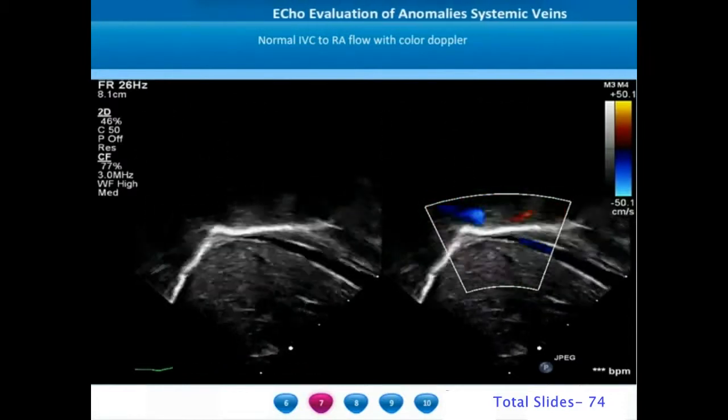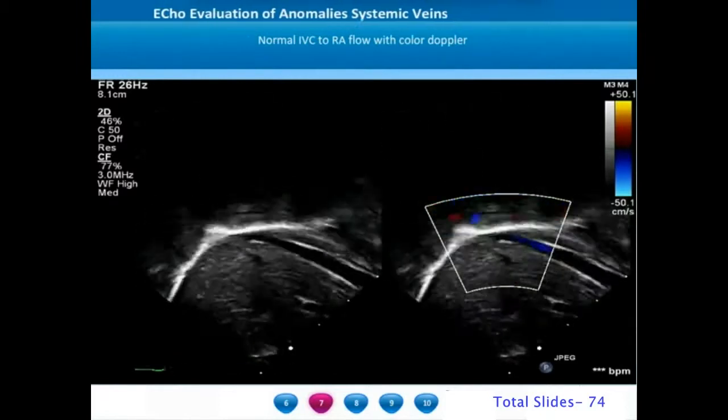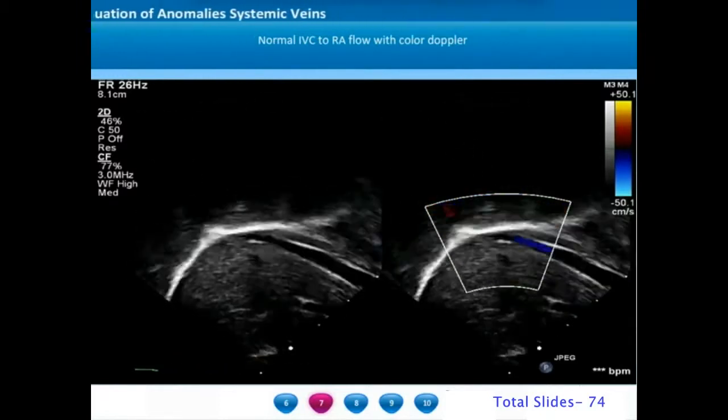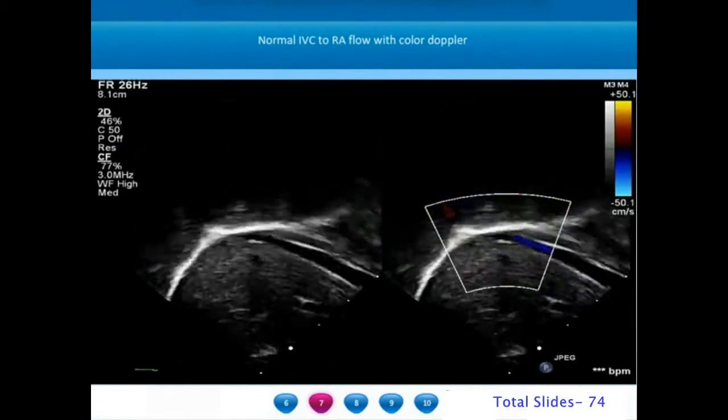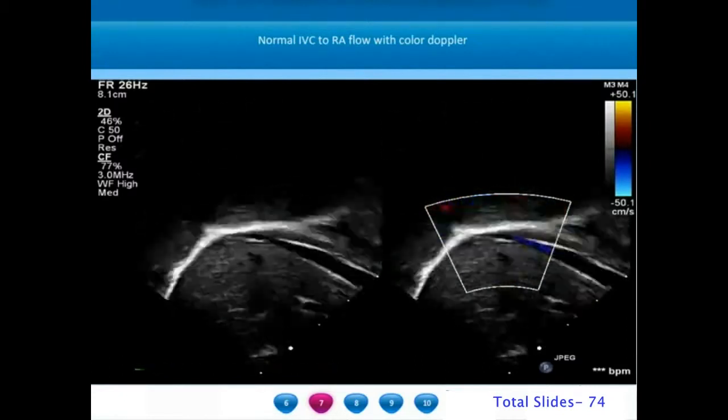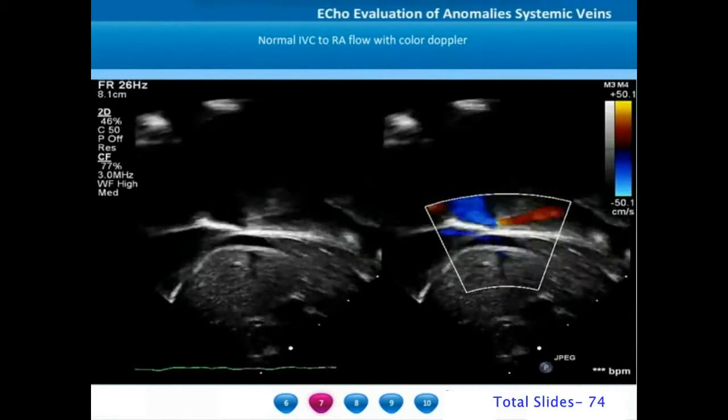Identifying this inspiratory collapse ensures that the vena caval pressures and the right atrial pressures are within normal limits. In patients who have elevated right atrial pressure, or in other words, in congestive heart failure, the inspiratory collapse will be reduced.